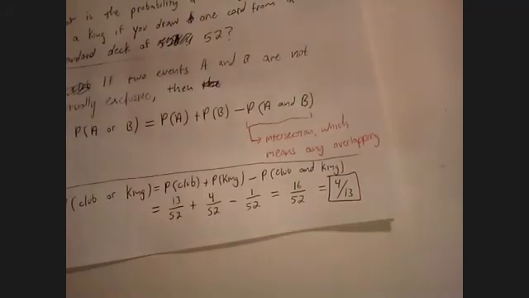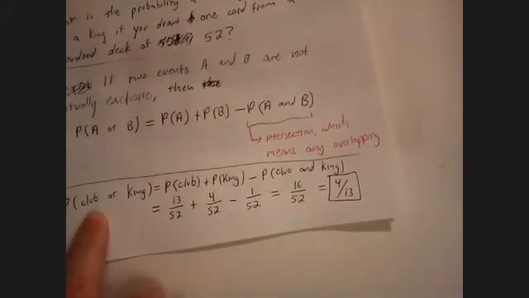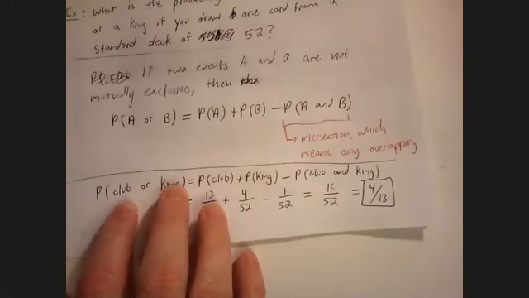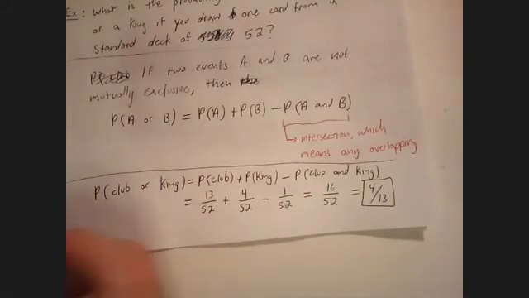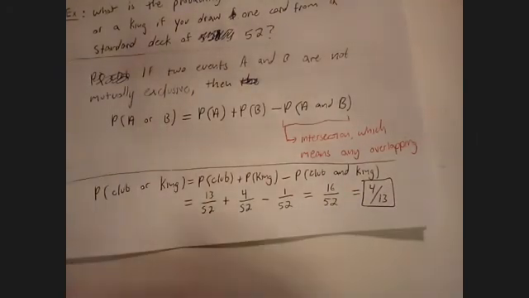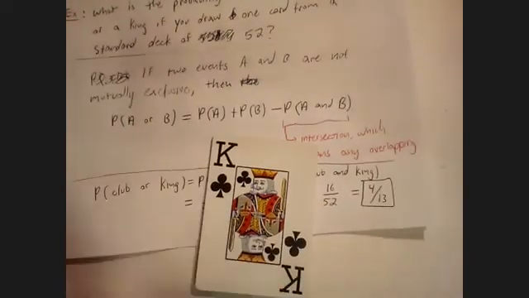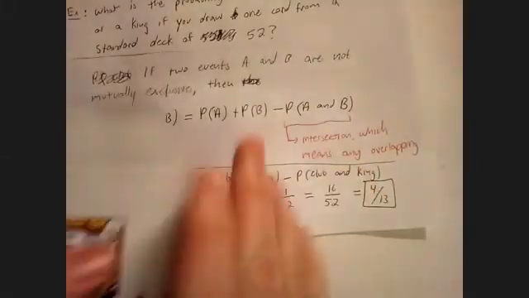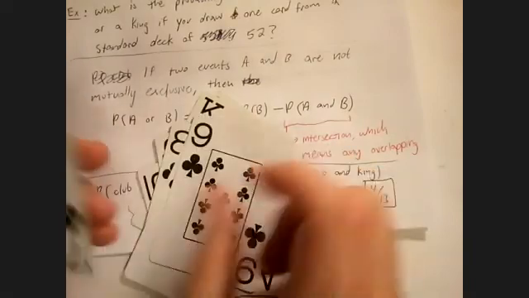What I could have done is if I wanted the probability of a club or king, I have grabbed all of my kings and I've grabbed all of my clubs. I could just find everything that's a club or a king. Okay, and count these out. 1, 2, 3, 4, 5, 6, 7, 8, 9, 10, 12, 13, 14, 15, 16.